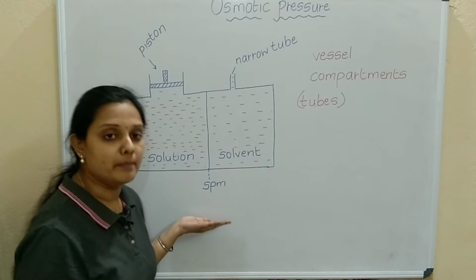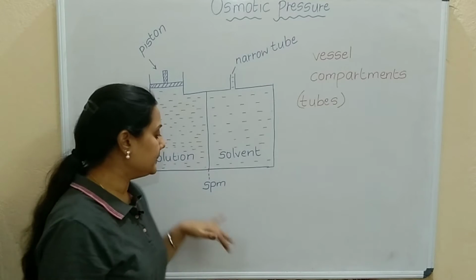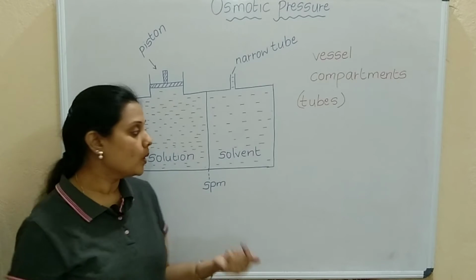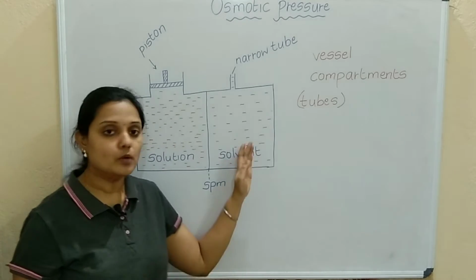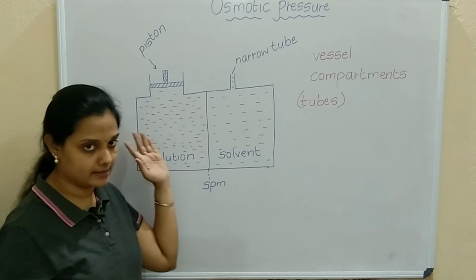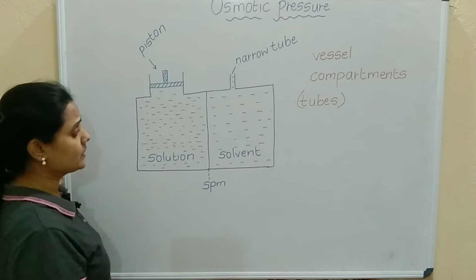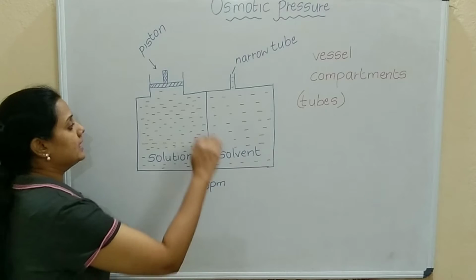So this semi-permeable membrane permits or allows only the solvent particles to move through it. Only the solvent particles can pass through the semi-permeable membrane. So what is happening?